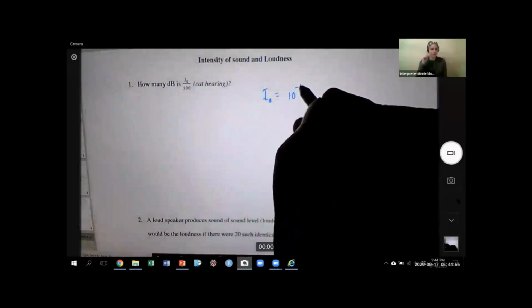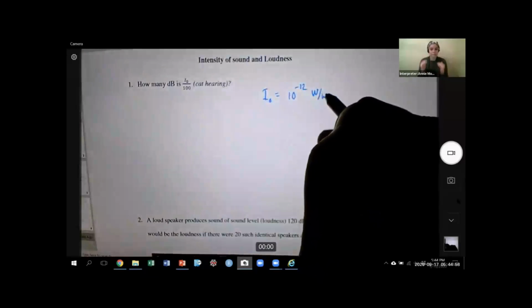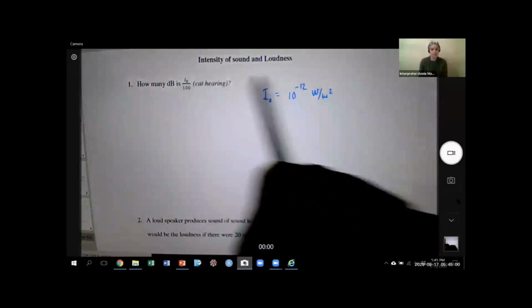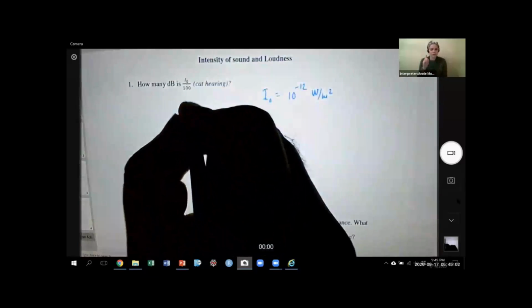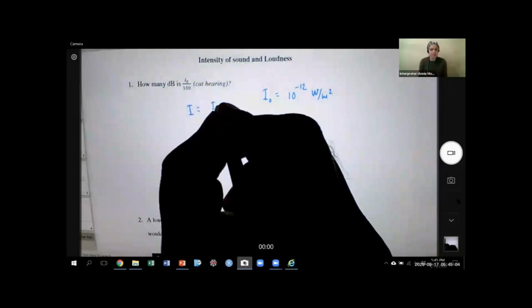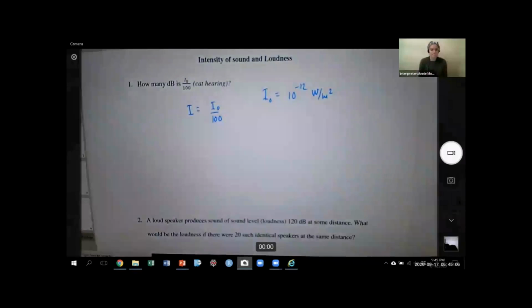It is 10 to the power negative 12 watts per meter squared. So it's asking, what's the decibel level for this? So now I is I naught divided by 100. That means it's 100 times less than our threshold of hearing, right? We cannot hear that, but some animals can hear that. For example, many cats can hear that sound actually.